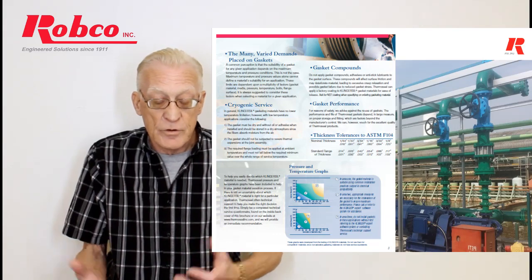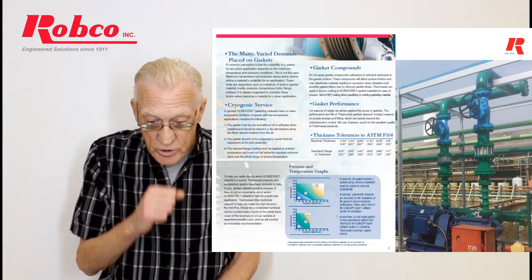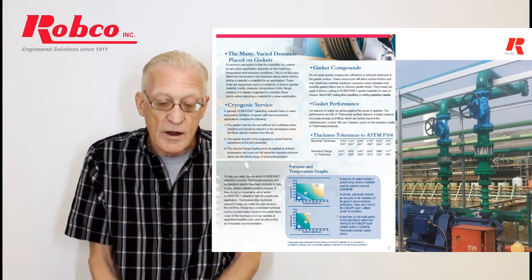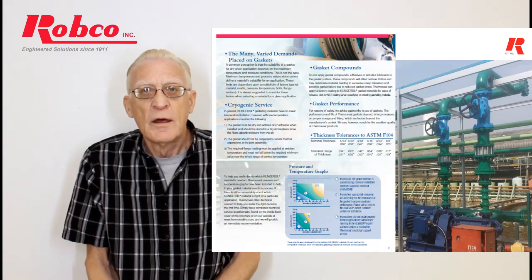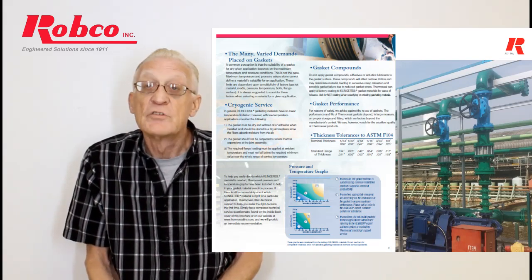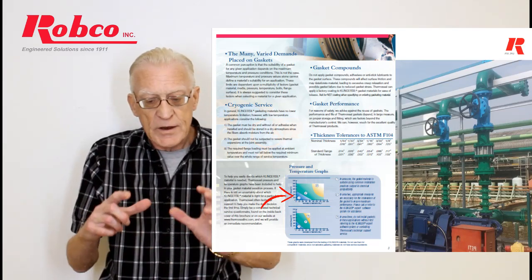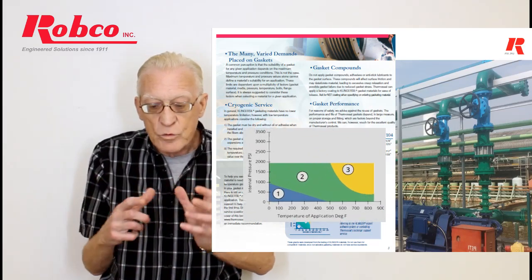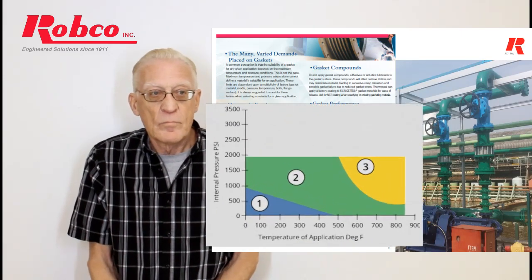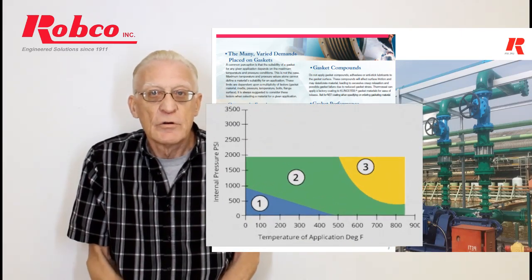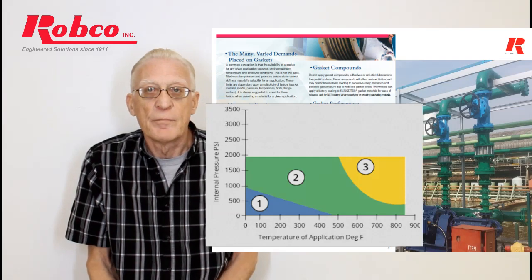The Europeans, or the Klingers of the world, like to use graphs, and not just Klinger, but many of the Europeans, even the Japanese, use these graphs of pressure and temperature, and they set up zones. So zone 1, go ahead and put it in. If you're in that pressure temperature range, no problem.